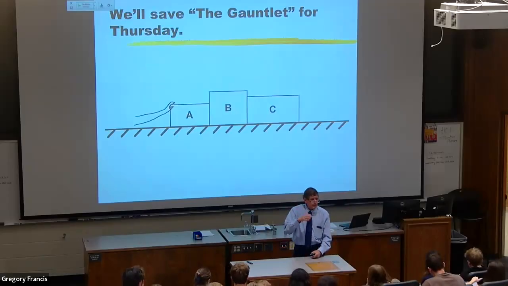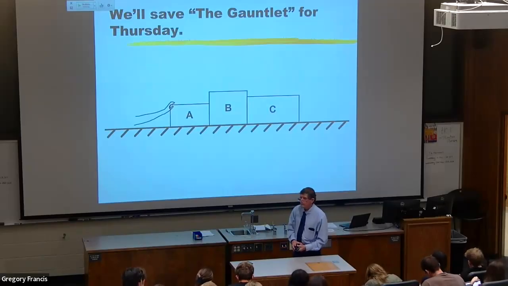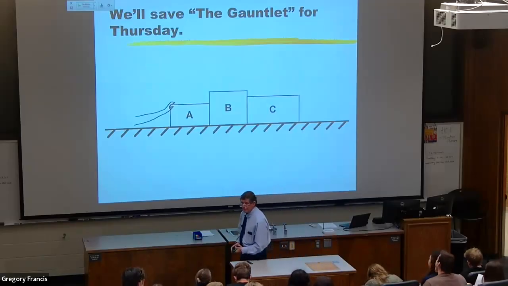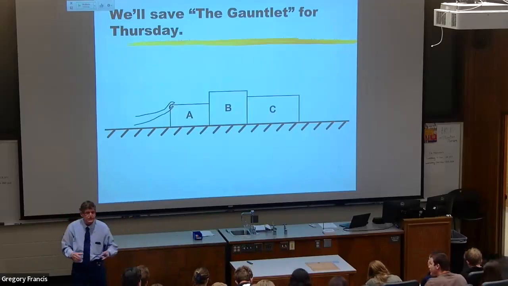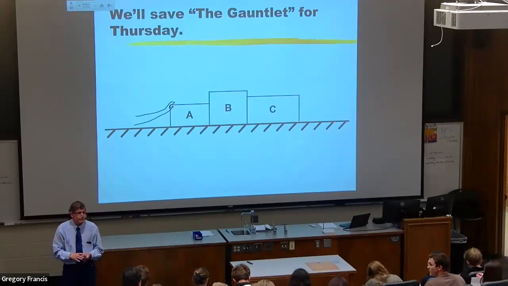And then people started having trouble. And as we went down that problem, part after part, more people started making mistakes until only a handful of my students, again in this large lecture class, got the last part right.